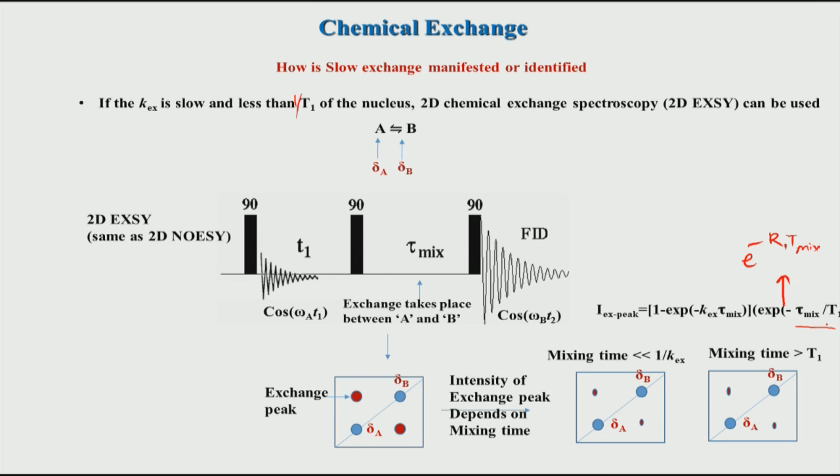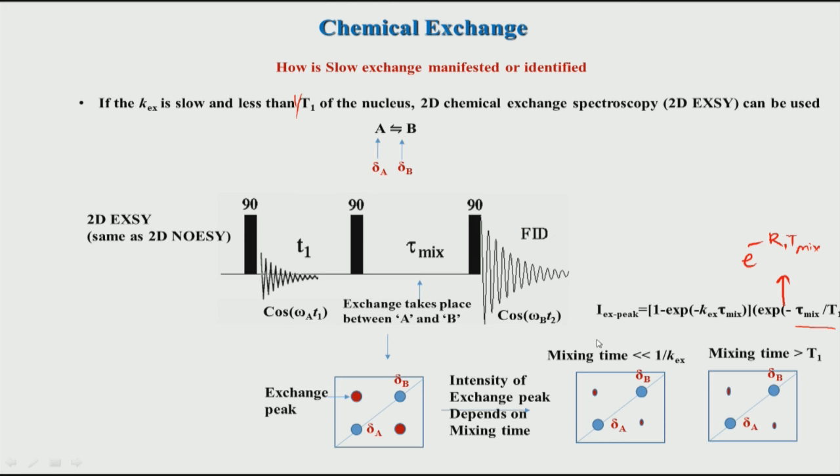If I give a short mixing time, very short compared to the exchange rate, then the peaks are very weak in intensity. But if I give a very long mixing time, which is more than the T1, then this factor dominates, and it will kill the signal because it is an exponential decay, and the intensity of the exchange peak will again become very weak.